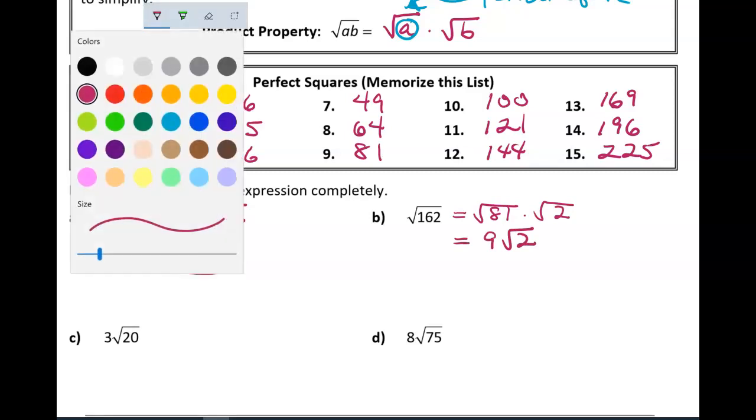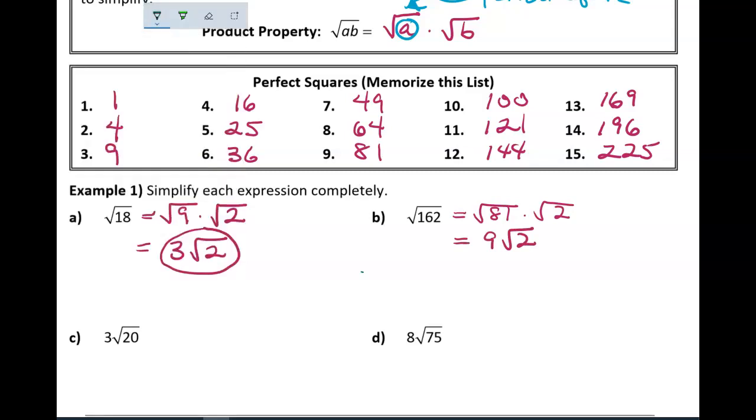Now I do want to show you an alternate way to do this one. The square root of 162 can be simplified by factoring out 9, because 9 does divide evenly into 162. 9 will go in 18 times, and then you can write this as 3 times the square root of 18.